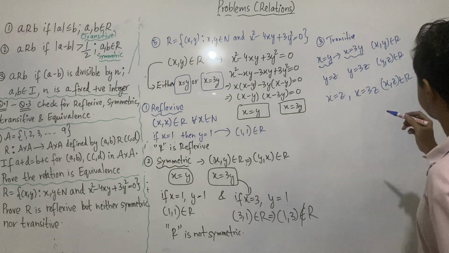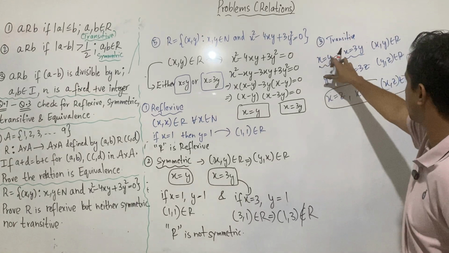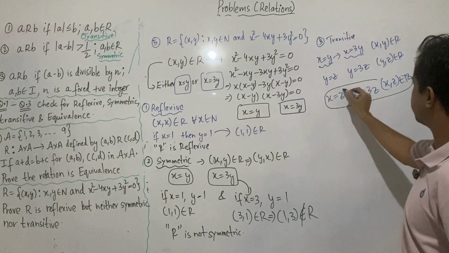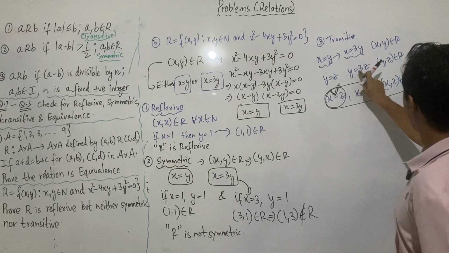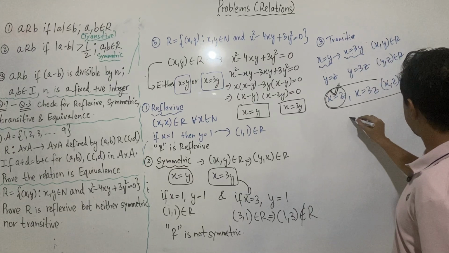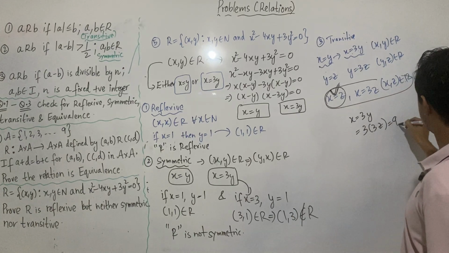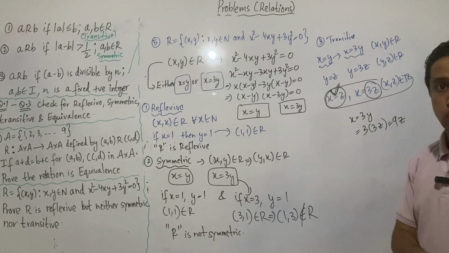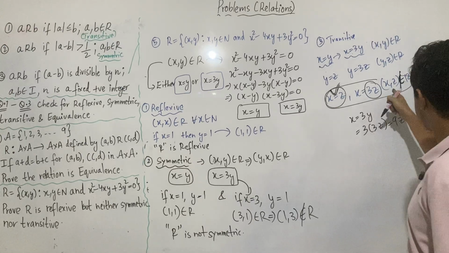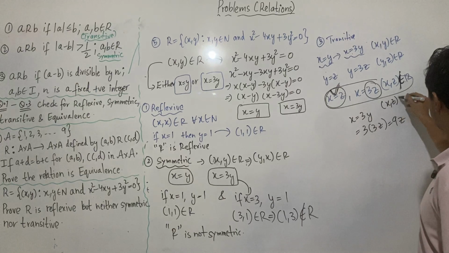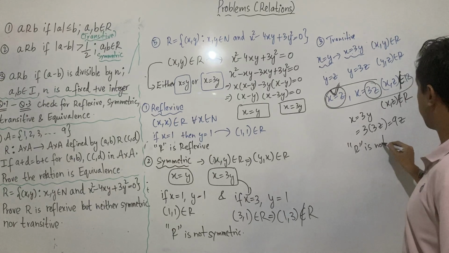But let's see if this is possible or not. If x equals y and y equals z, then this is fine. And if x equals 3y and y equals 3z, then x is going to be 3y, which is 3 times 3z, which equals 9z. So it says x equals 3z, which means this is not going to be possible. So (x, z) is not going to be in relation R. Therefore, this relation is also not transitive.